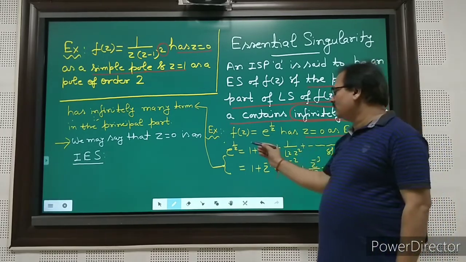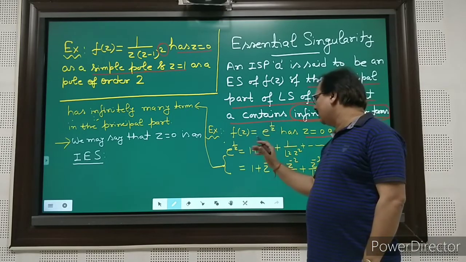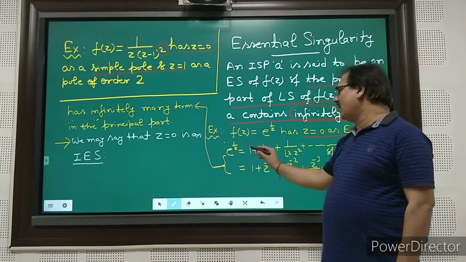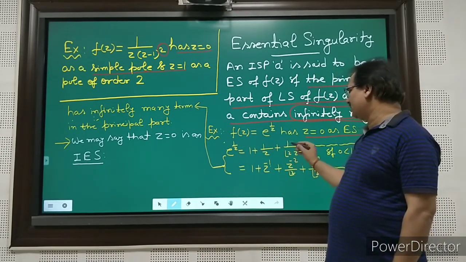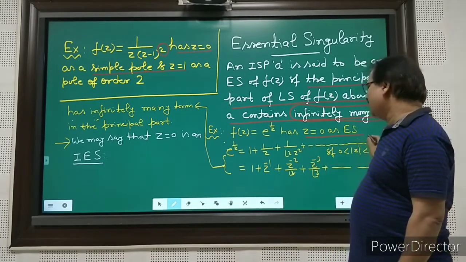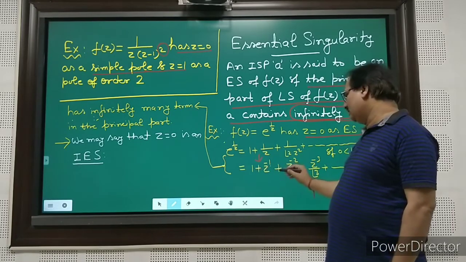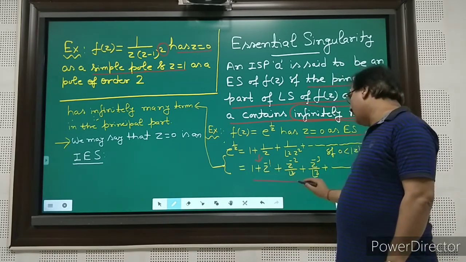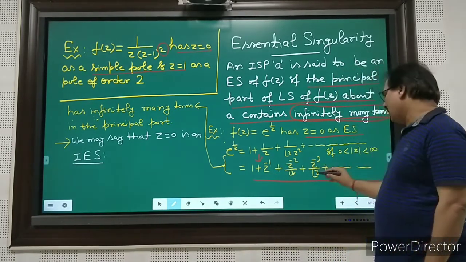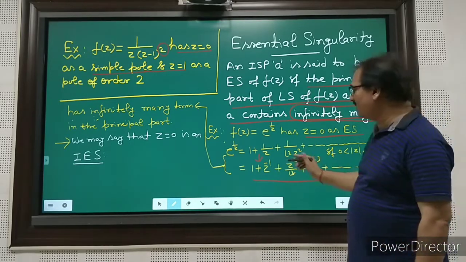How? Let us elaborate this series. e^(1/z) you can write as 1 + 1/z + 1/(2! z^2) and so on. This series may be written as 1 + z^(-1) + z^(-2)/2! + z^(-3)/3! and so on. So what is the meaning of this?